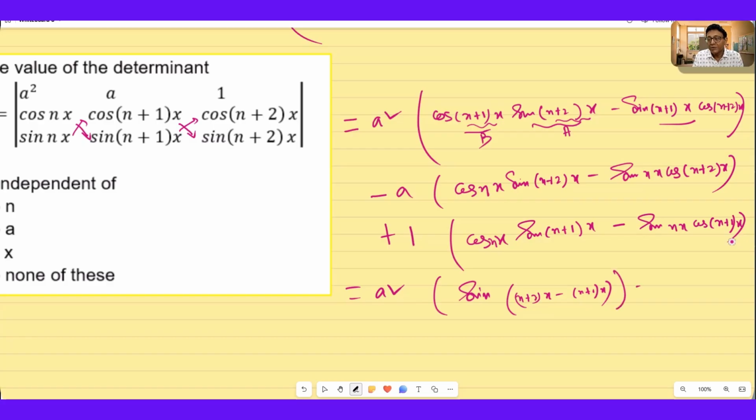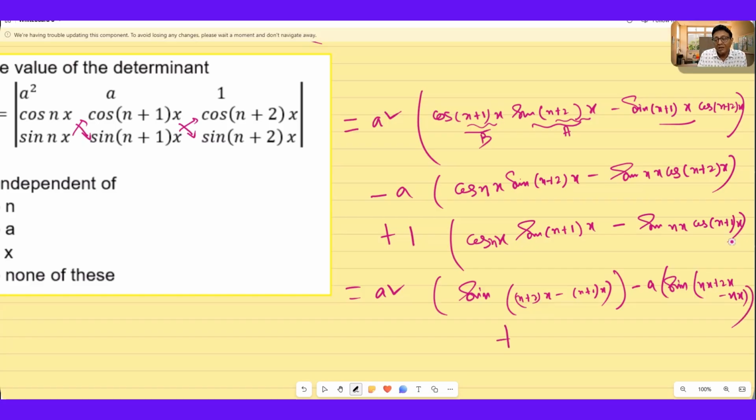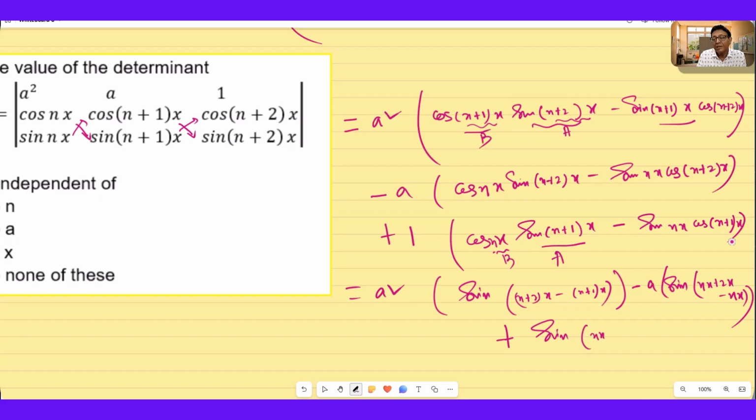Clear? That minus sin of, again sin a cos b minus cos a sin b, nx plus 2x minus nx, plus 1 into sin a cos b minus cos a sin b. A is this angle, and b is this angle. Nx plus x minus nx.